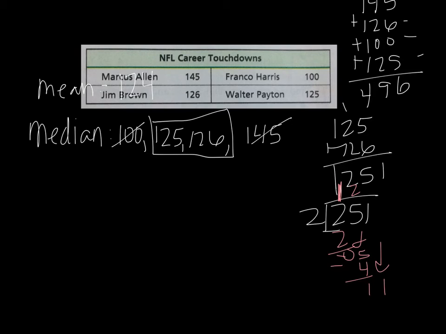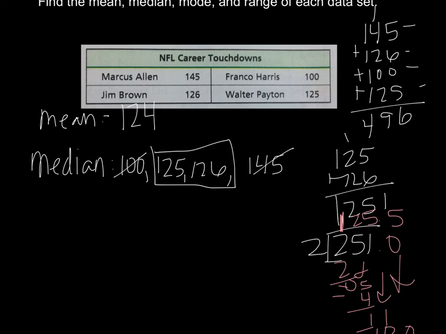Now I have an 11. 2 goes into 11 5 times, minus 10. I have 1 left over. Now I have a 10. So my median, the middle number between these two, is 125.5, or 5/10, sorry.